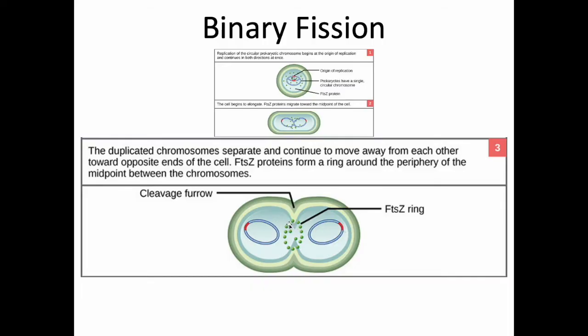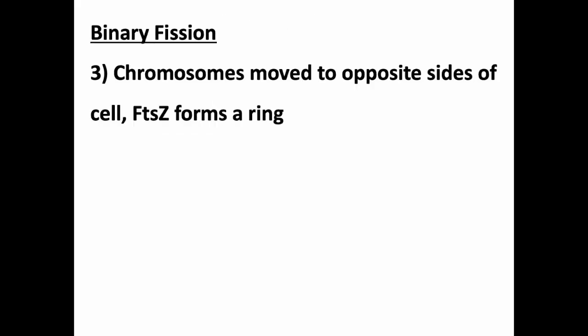And you can start to see this green FtsZ protein forming a ring. Again, this is a flat image, but remember, cells are 3-dimensional. This is a ring sort of pointing out at you and going back into the cell, specifically at the middle of the cell. So step 3, chromosomes move to opposite sides of the cell, and this FtsZ protein, many copies of it, form a ring there in the middle of the cell.